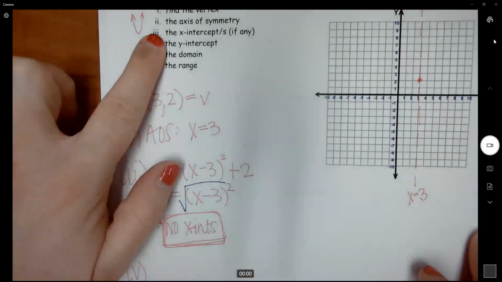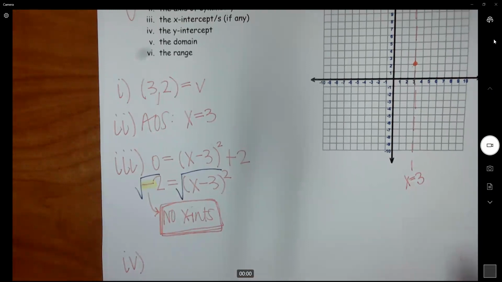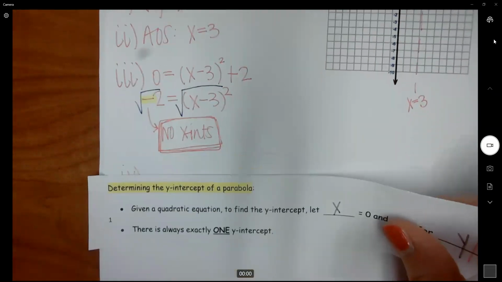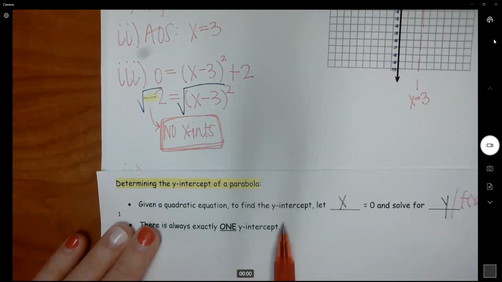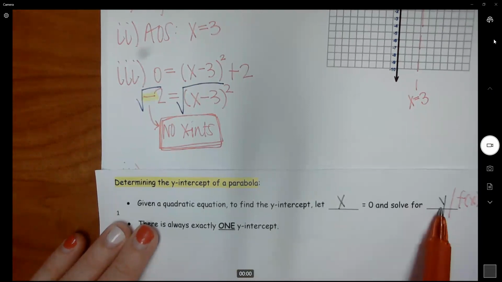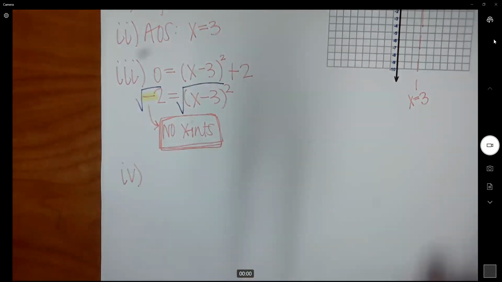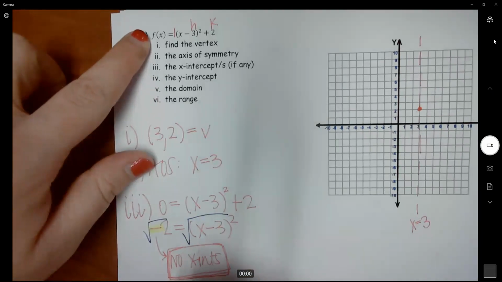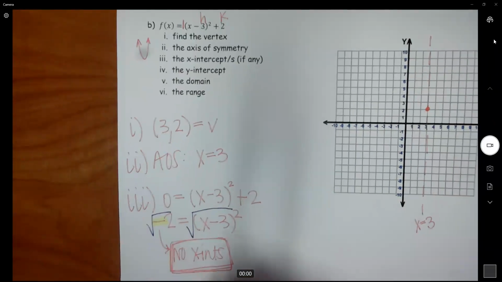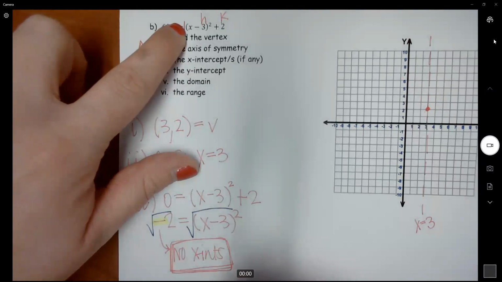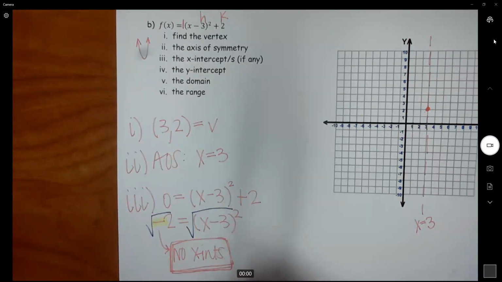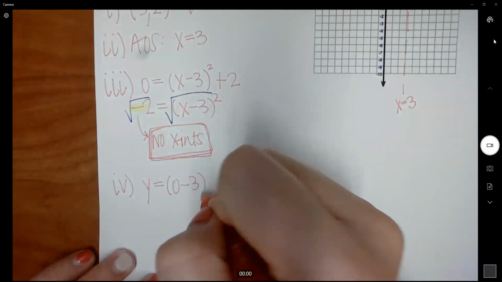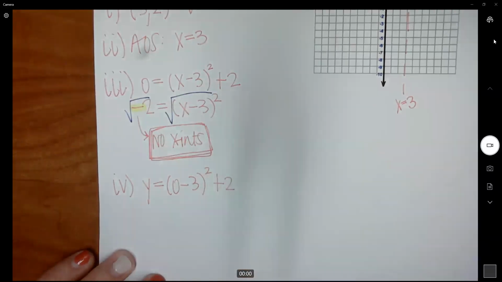Okay, we need to find the y-intercept. We find the y-intercept by doing the opposite. We're going to let x equal 0 and solve for y or f of x. So I'm going to replace f of x with y. I've got y equals, replace x with 0. So 0 minus 3 squared plus 2.